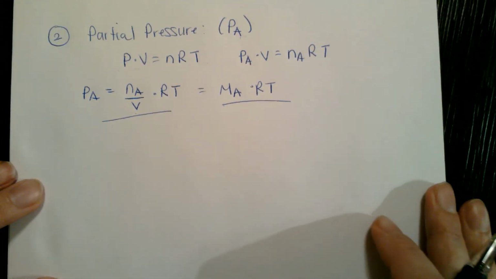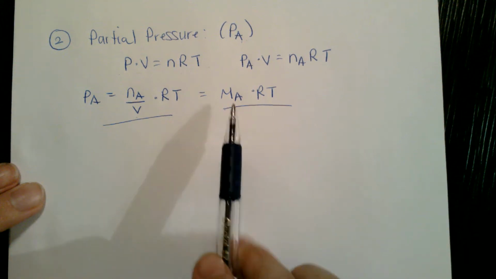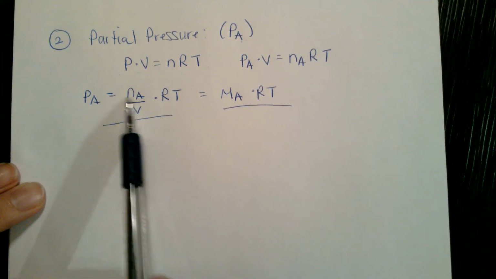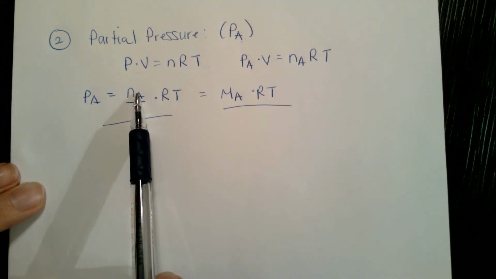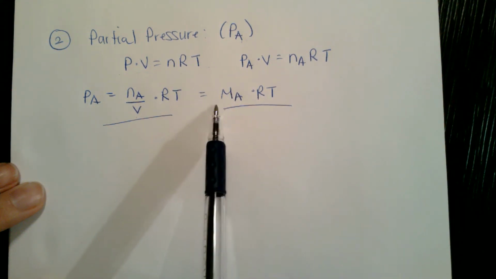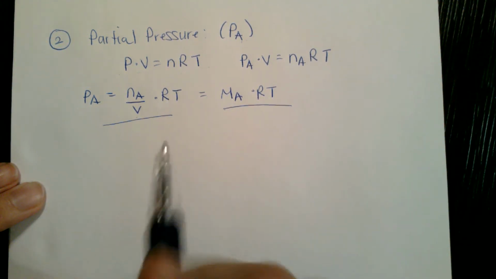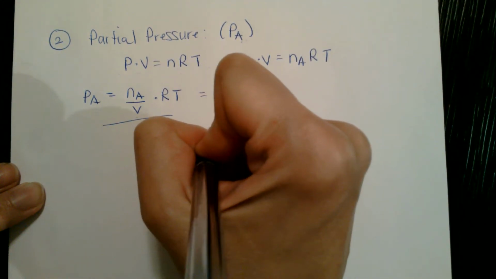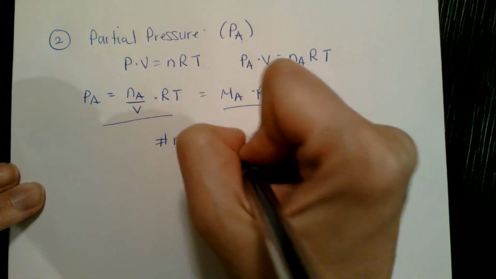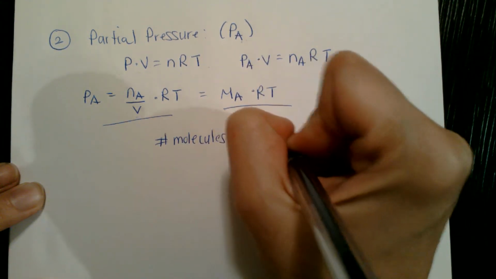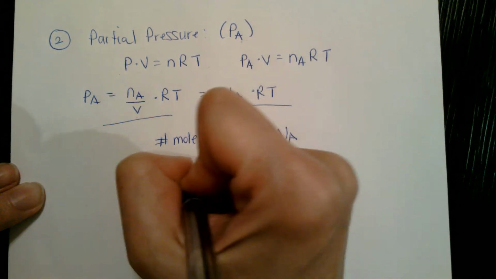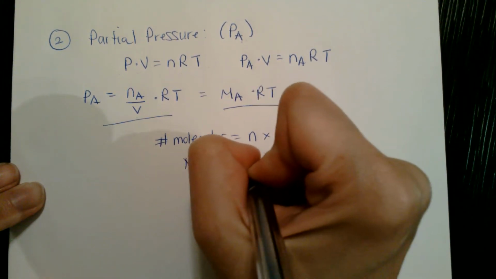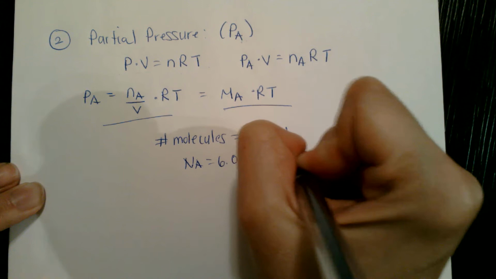Again, since gases are so dispersed, sometimes these moles would be replaced with number of particles. This could be number of particles per volume times RT. The number of molecules is equal to moles times Avogadro's number, where Avogadro's number is 6.022 times 10 to the 23rd.